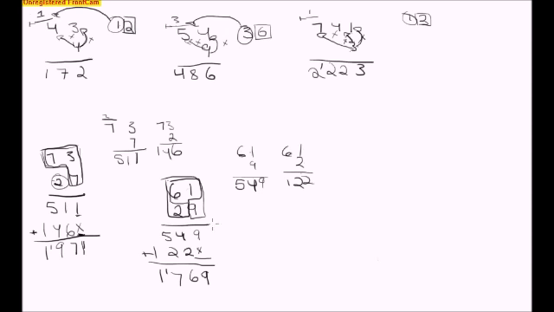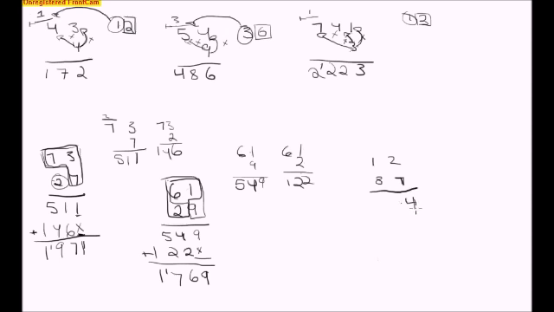Okay, let's just do one more question. Let's do 12 times 87. We're just gonna do it in one step. We're not gonna simplify it. You can simplify it if you want. There's really nothing wrong with that, but I'm just gonna do it in a faster way. 2 times 7 is 14.